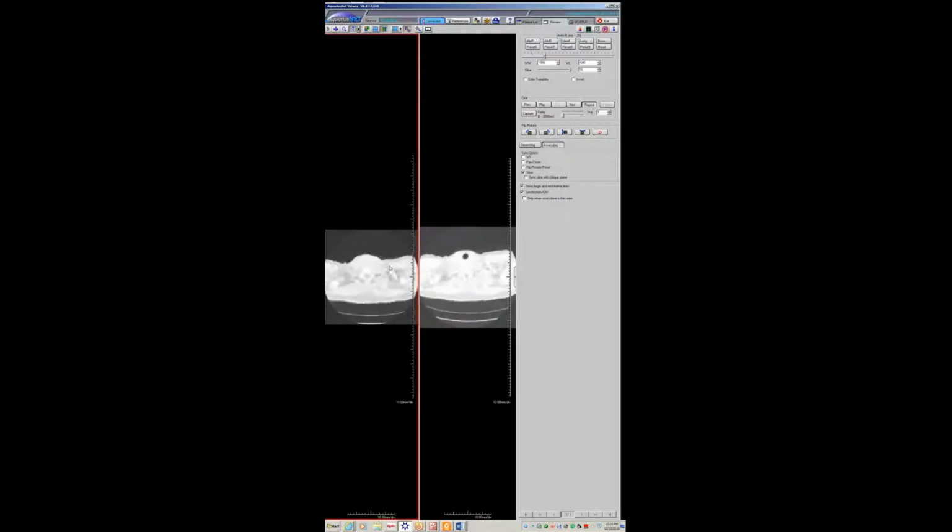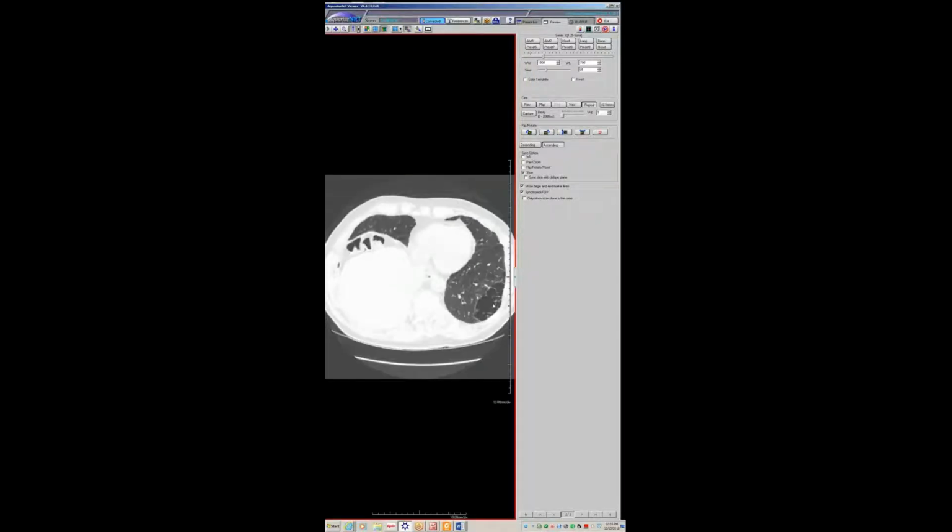Let's see if I can put the two side by side. I can figure out how to do this on this thing. But yeah, it's just very weird. So here it is, and it has all this strange internal architecture. And if you scroll through on the thins, you can see that these dilated airways connect right into this structure.